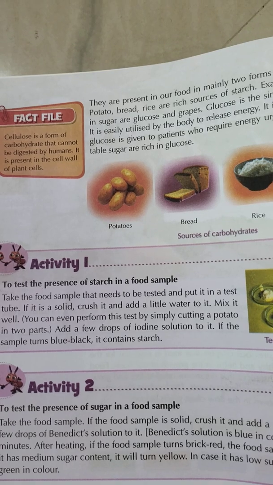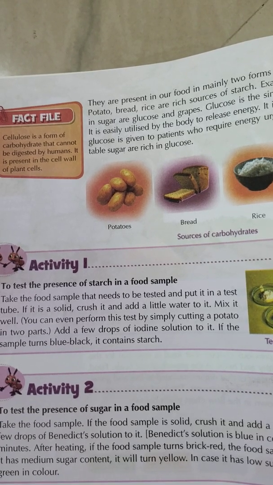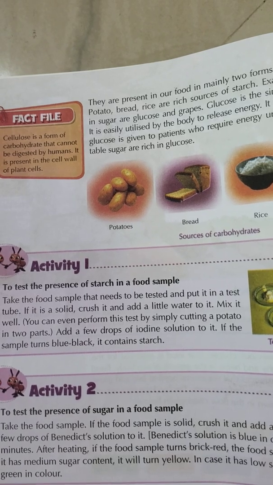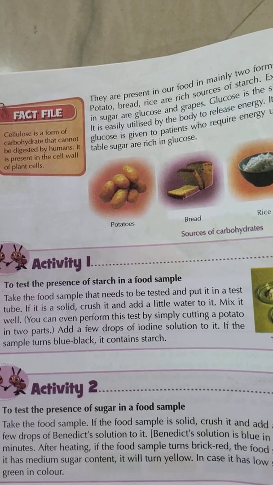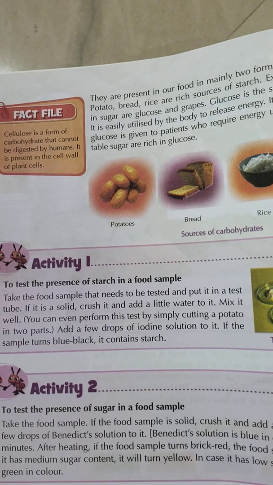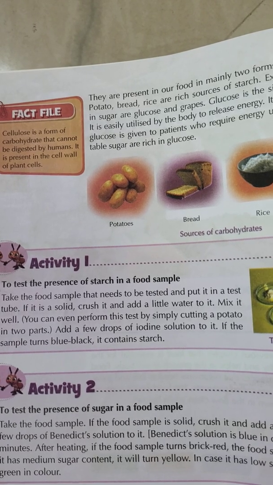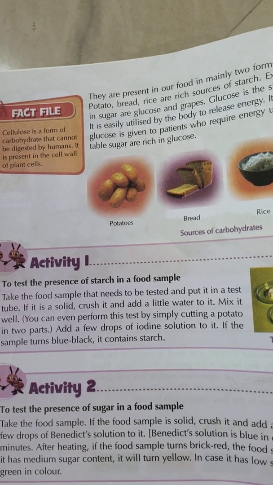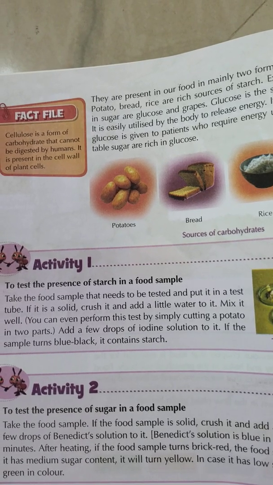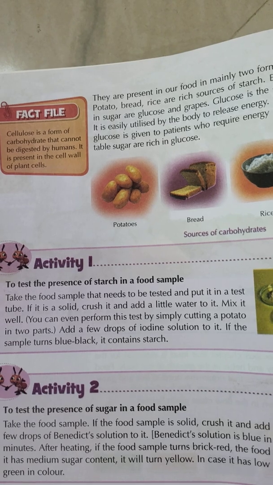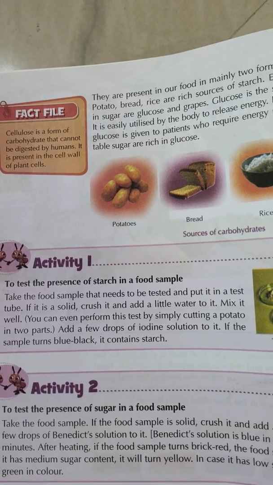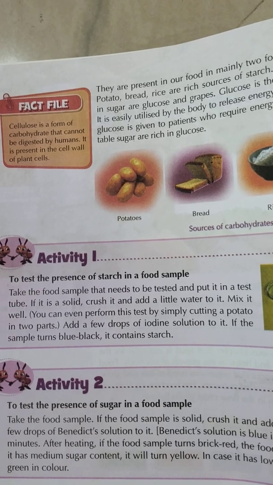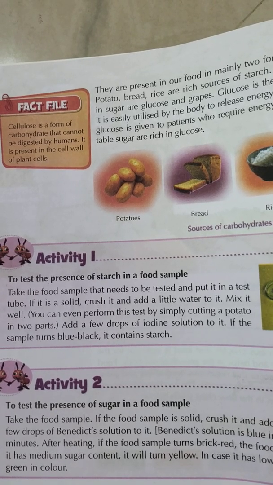First we have to take the food sample that needs to be tested, and then put it in the test tube. If the food is solid, then we have to crush it and add a little water to make it semi-solid. After that we have to mix it well, and then put a few drops of iodine solution to it.